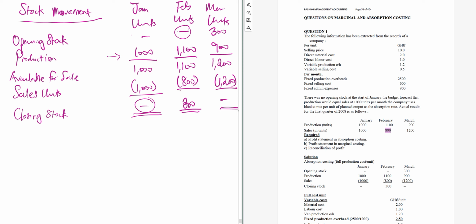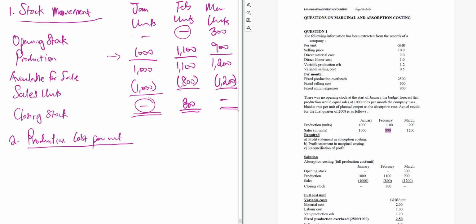Once you've been able to determine your stock movement, the next thing is to find your production cost per unit, because it is this production cost per unit that you are going to use to value the stock. Remember that under absorption costing we use the full cost, and under marginal costing we use the variable cost.